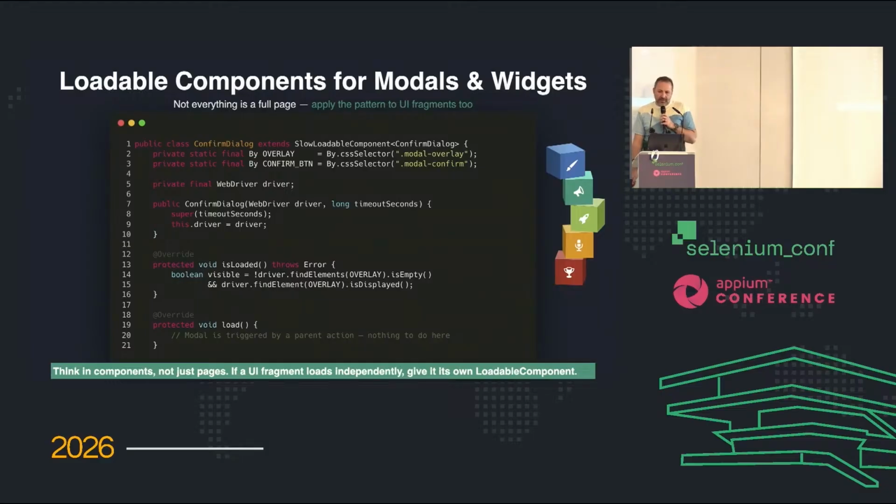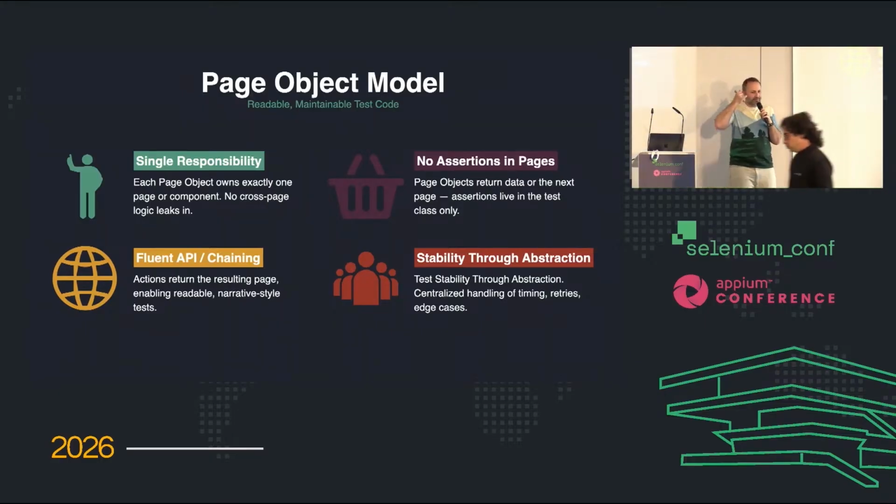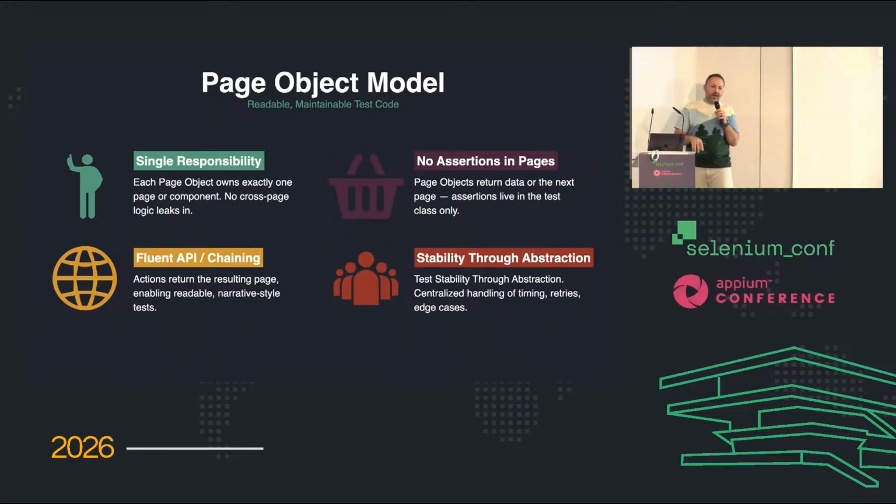Let's move to page object, the topic that was touched forever, everybody knows, everybody uses, like no one nowadays imagines UI testing without page objects. But I will still go very fast through the ideas that I want to promote before moving forward.